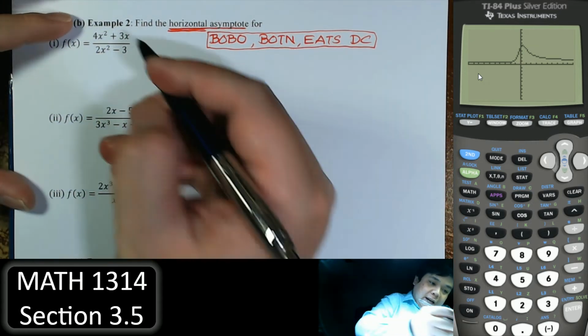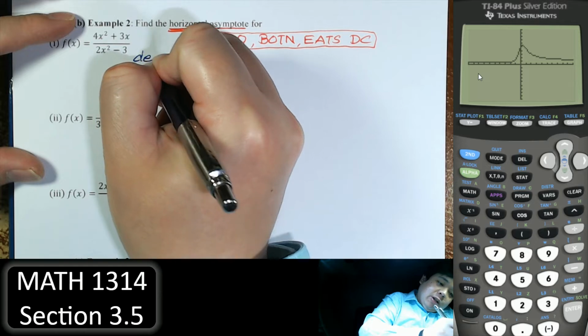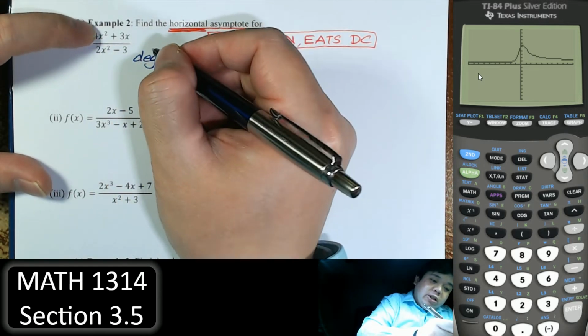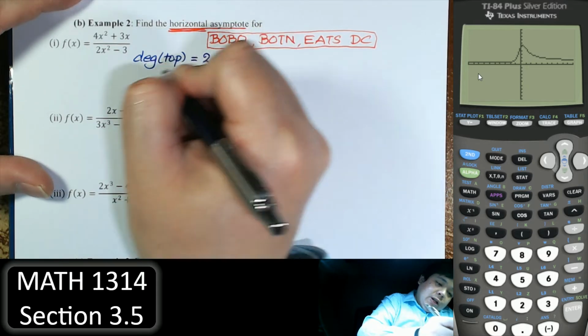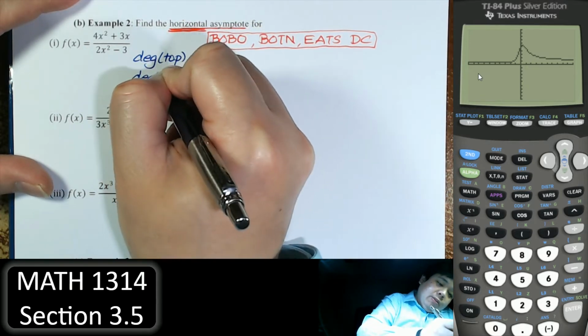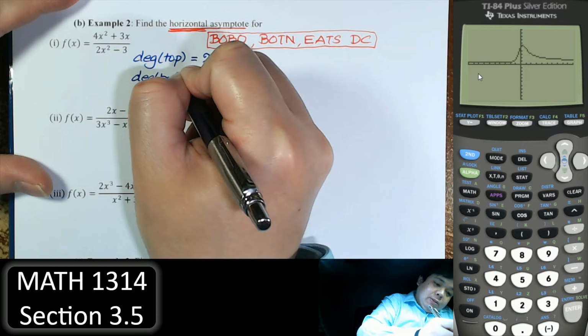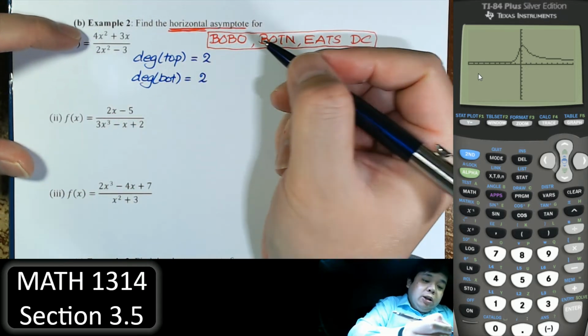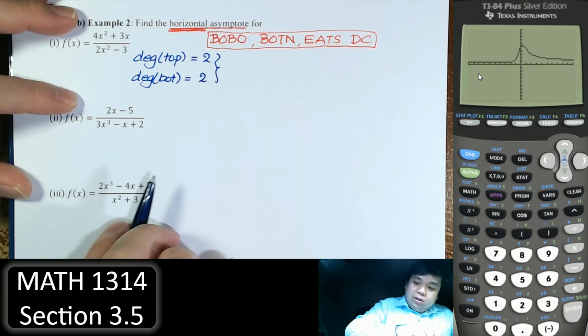Right, now we look at the degree on the top. The highest power of x on the top is 2. The degree at the bottom is also 2. So in this case they are equal.